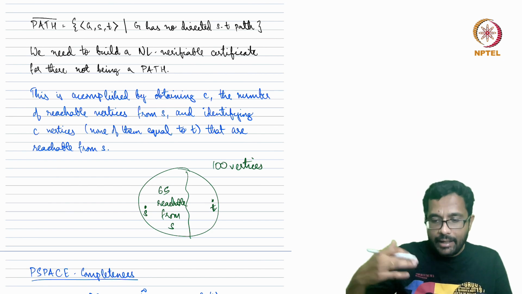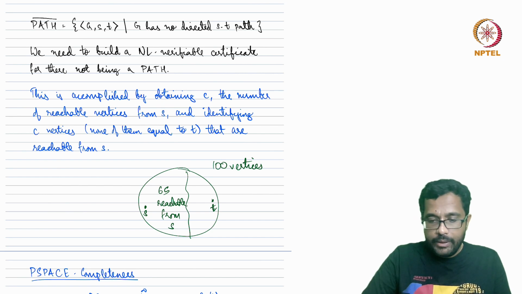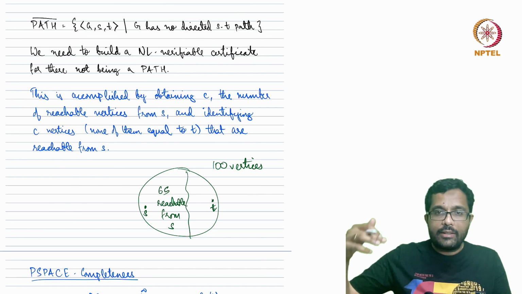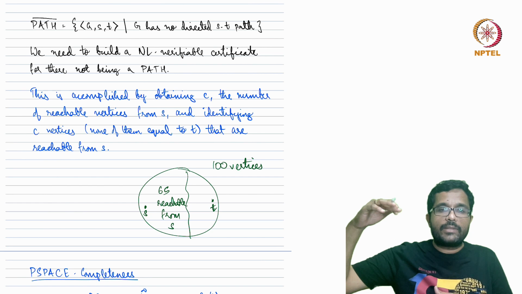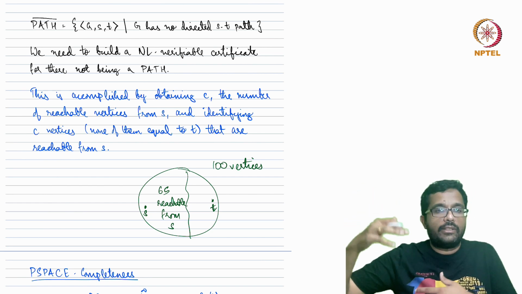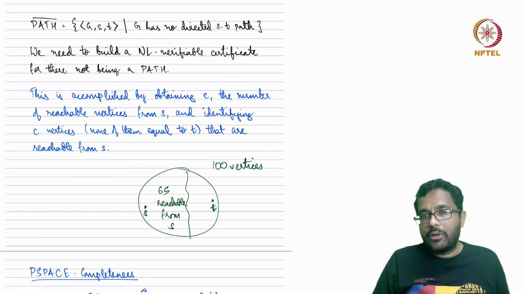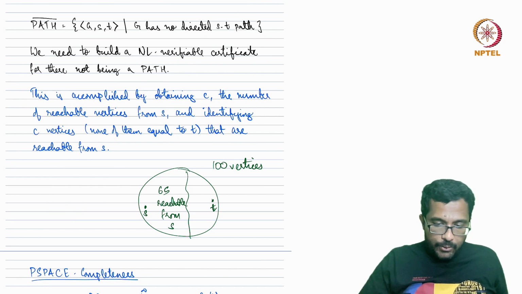So we have to slowly build that number, and once we have that number, how do we verify that? You cannot have a list of the vertices reachable from S, because that list itself will not be logarithmic in size, right? That could be linear in size. So you have to be clever in doing all of this, but this is the high level picture, right?